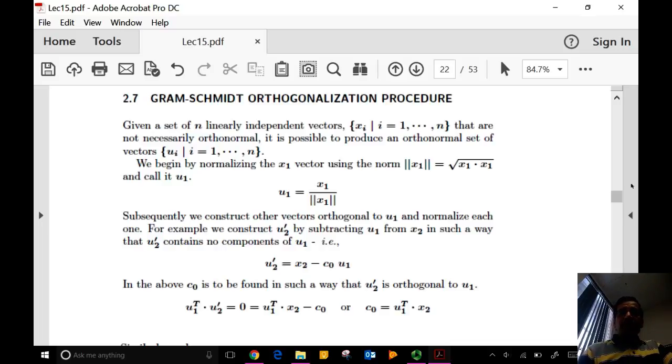So if you give me a set of linearly independent vectors x, but they are not perpendicular to each other, graphically I can represent only two vectors at best. So this is a vector x1, this is vector x2. They are linearly independent, but they are not orthogonal.